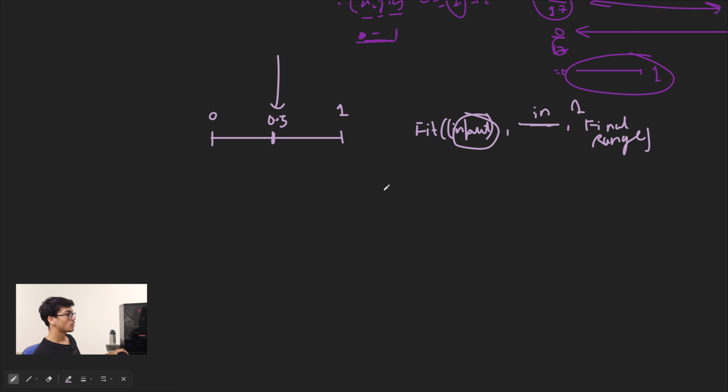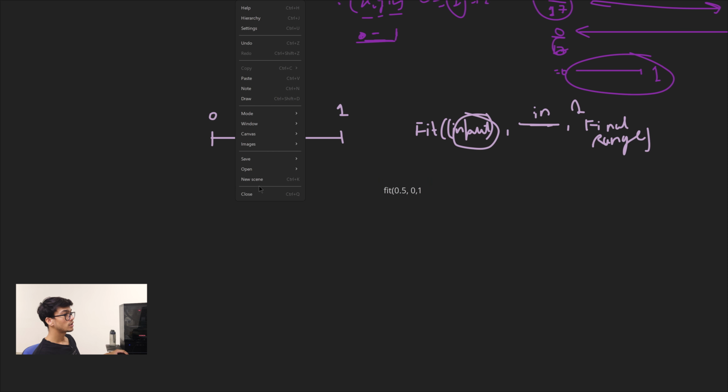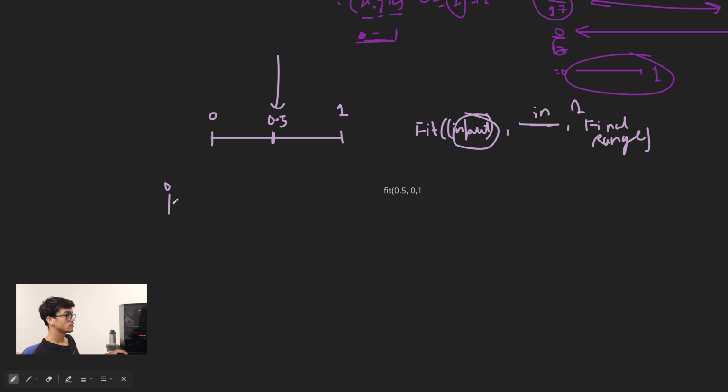So let's say this point exists in this range at 0.5. How will this change? We are fitting, and our input is 0.5. What is the initial range? We have 0 and 1. What is the final range? I want to convert this range into, let's say, 0 to 2 now. So where will this point be in this range, if this point is at 0.5 in this range?